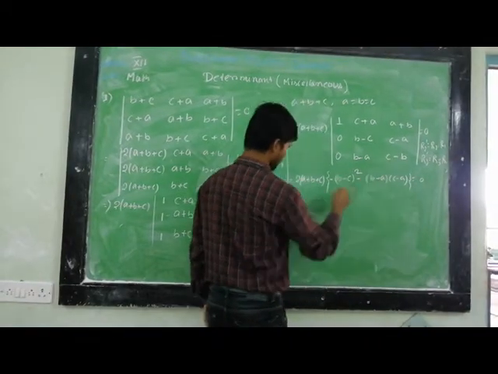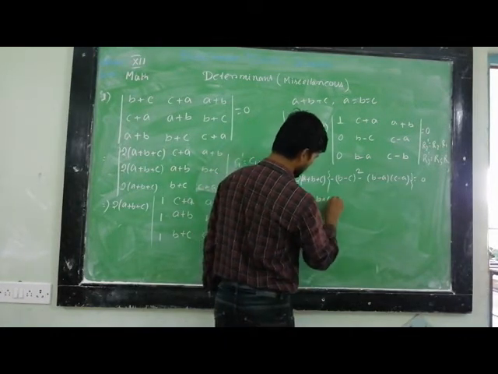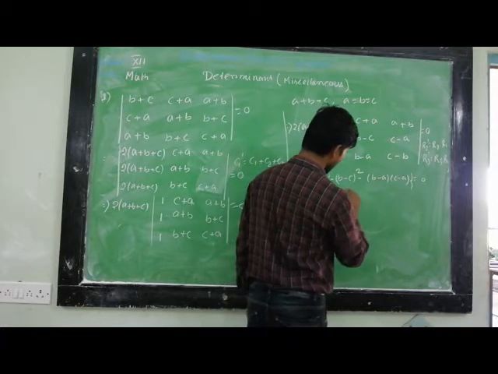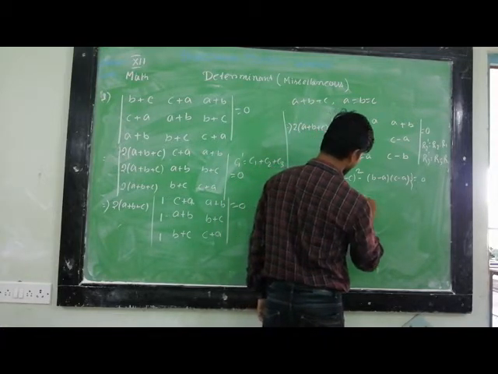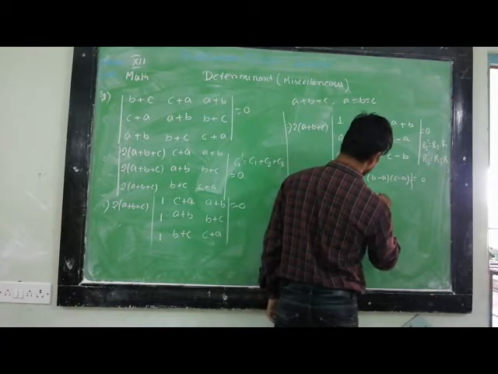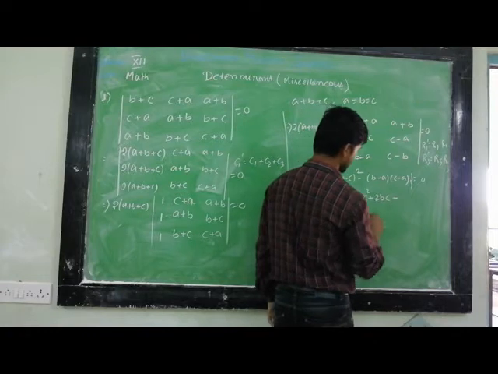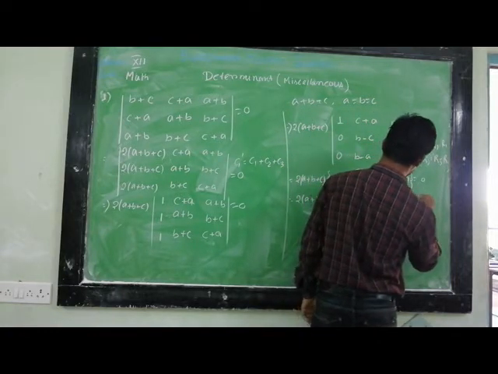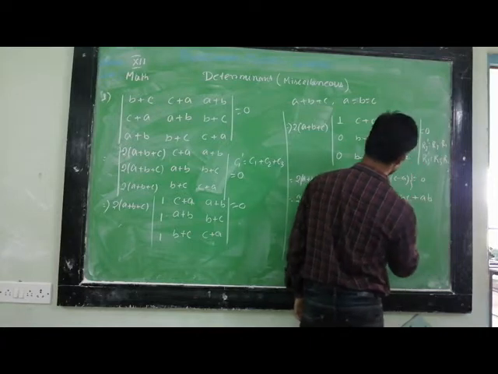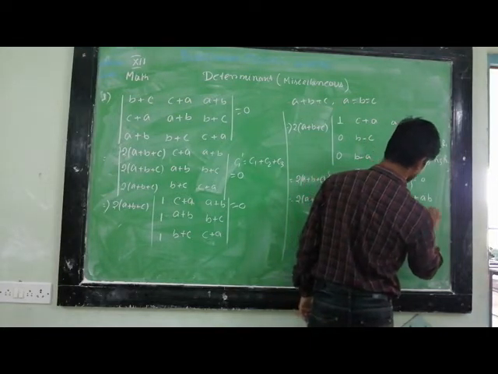Now calculate this expression: 2 into (A plus B plus C) into, if I expand this term, minus B square minus C square plus 2BC, minus, multiply these two, so it will be minus BC plus AB plus AC minus A square, which is equal to 0.